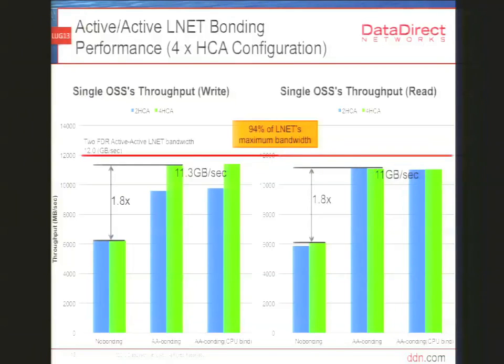This is 1.8 times faster compared to the one FDR link configuration. And also the number is pretty close to 6.4, 94% of the two-LNET maximum bandwidth, which is a quite nice number.